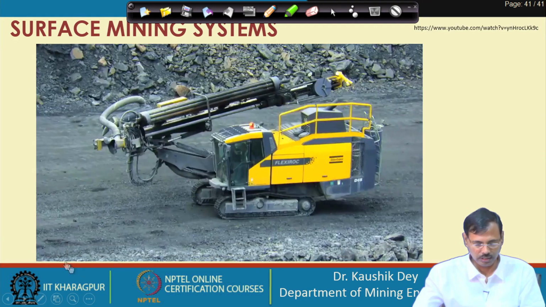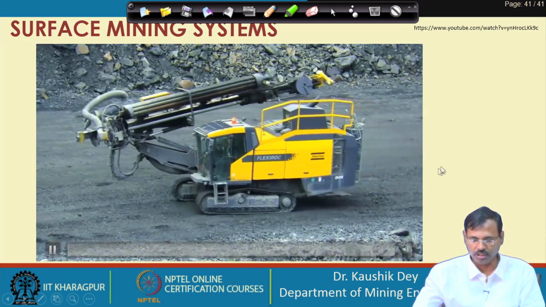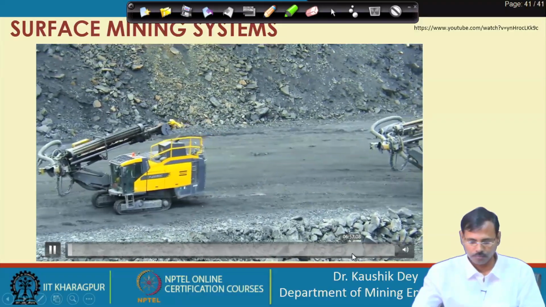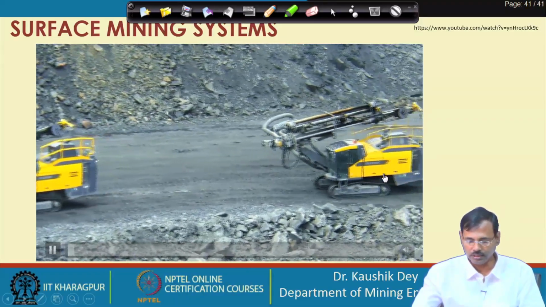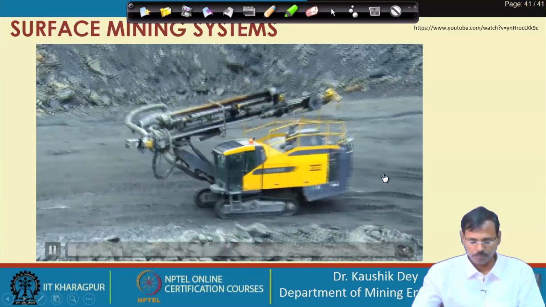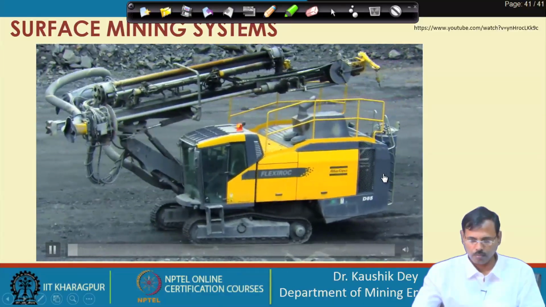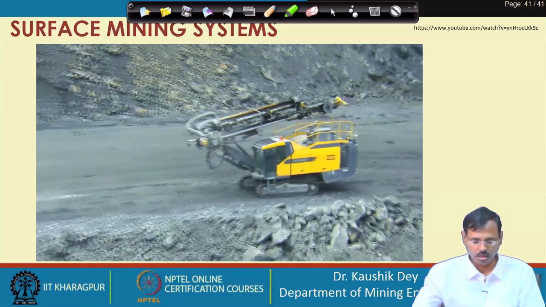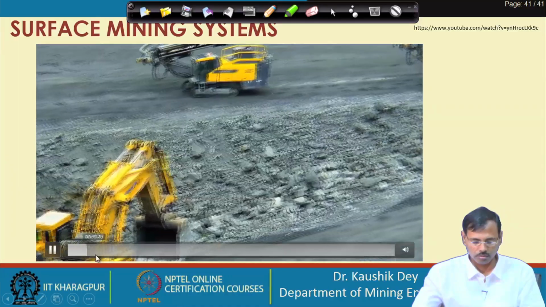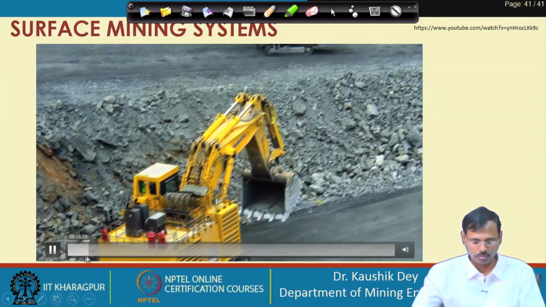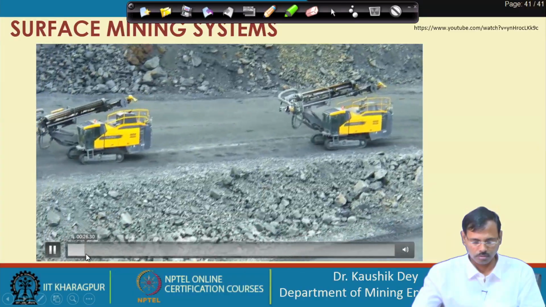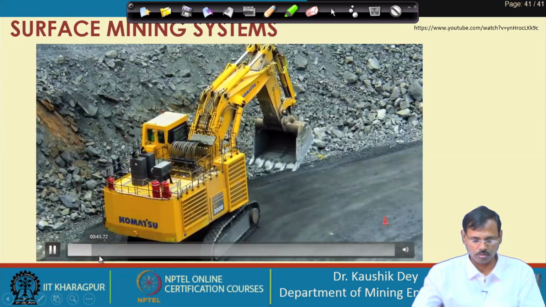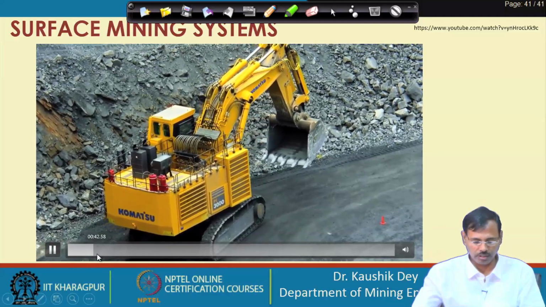So, let us see the video of the mining system. You can see these are the drill machines. This is the excavator.